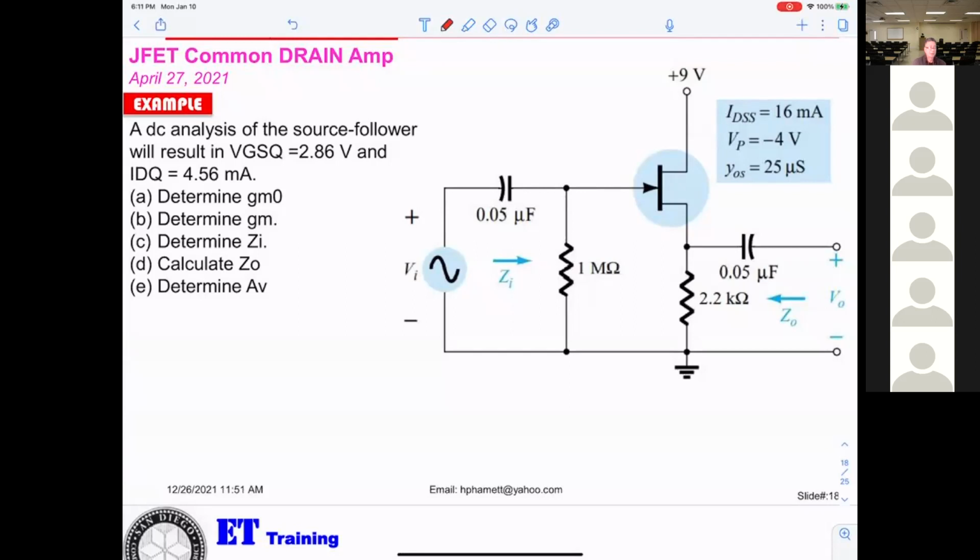You know the formula GM0. Is it 2 times IDSS, right? Divide by VGS off.